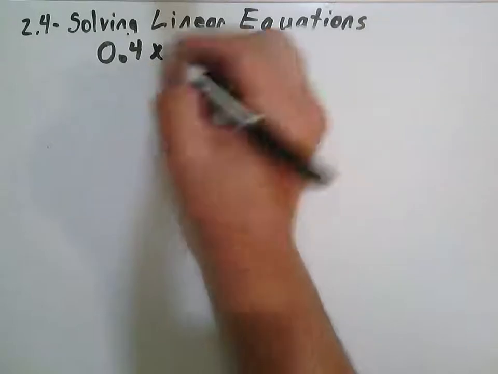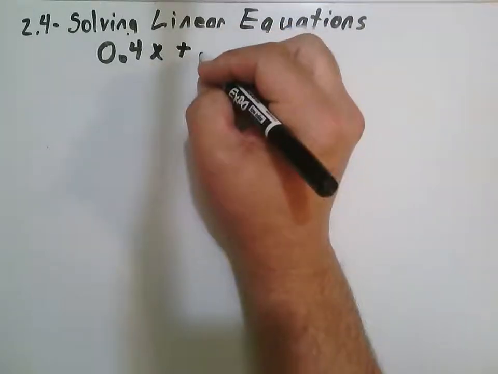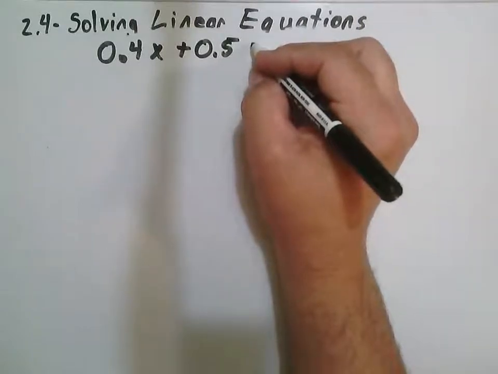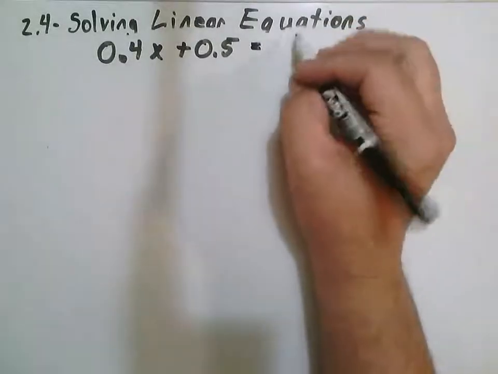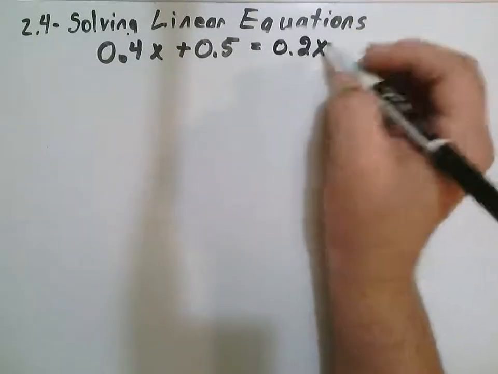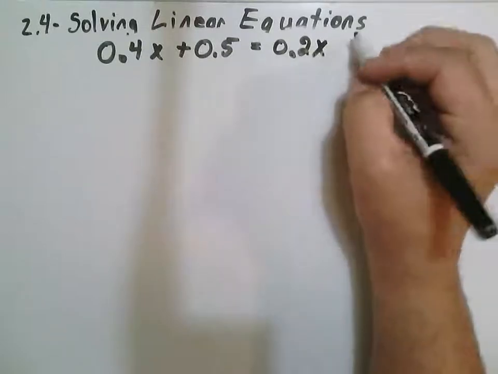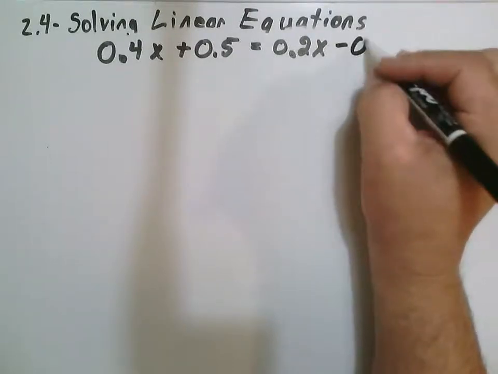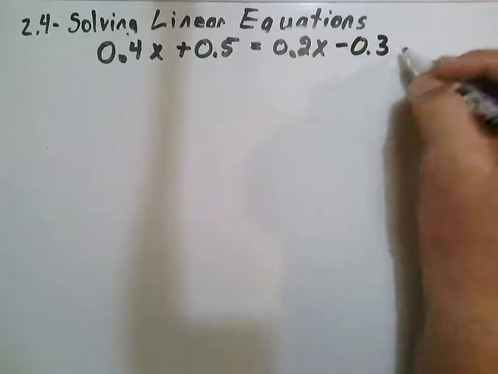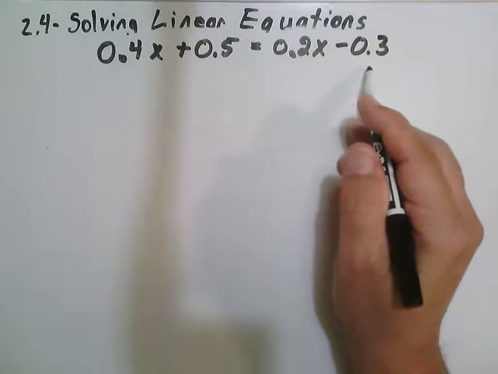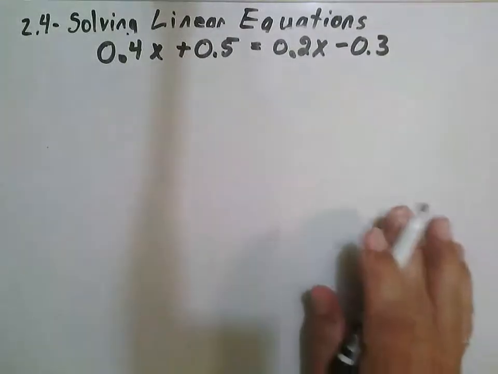So if this is 0.4x plus 0.05 or 0.5, and all of that is going to be equal to, oh, I don't know, let's just say 0.2x, and all of that is going to be, let's say minus 0.3. So I have x's, my variables, and then I have my constants or my numbers. I'm going to solve this just like with everything else.